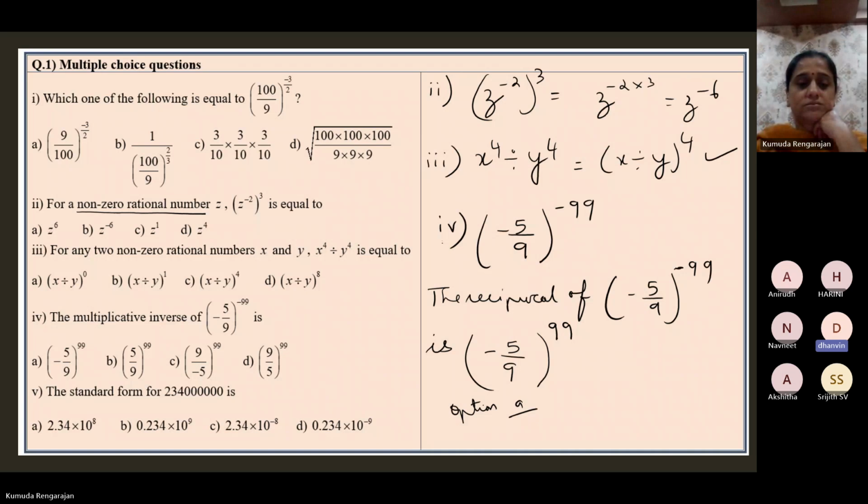Ma'am, 2.34 into 10 power 8. Okay. So now this is a large number. We need to reduce it. To write it in the standard form, we need to bring the number to a value between 1 and 10. It can be 1 also. Can be 1, more than 1, but less than 10. So now the decimal point is here.